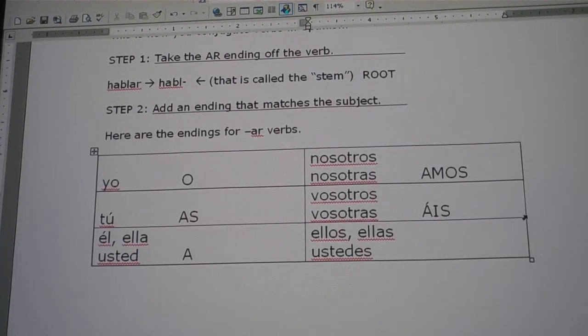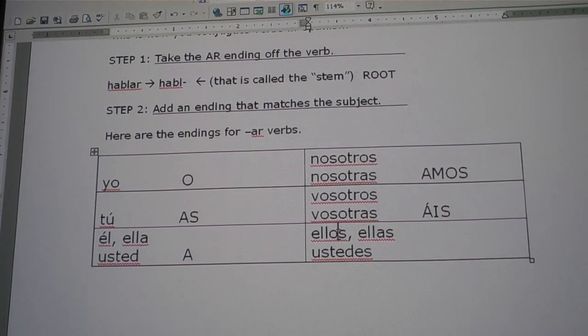Last one. Ellos, ellas, and ustedes. What does ellos mean? They, as in a group of boys, guys or guys and girls. Ellas is "they" as in girls. And ustedes is "you all." Where? In Spain or Latin America?